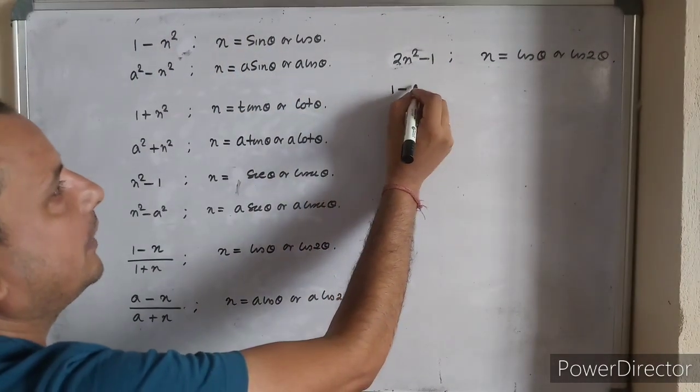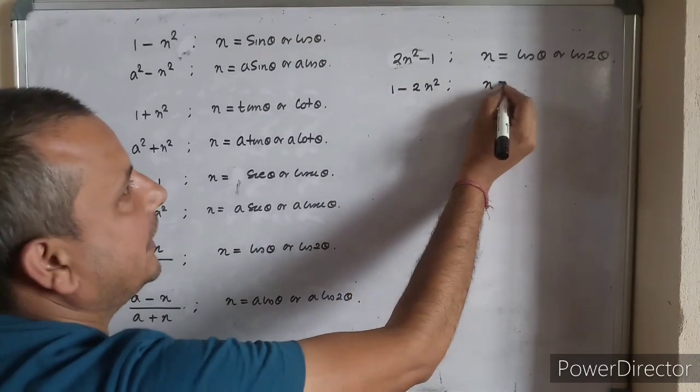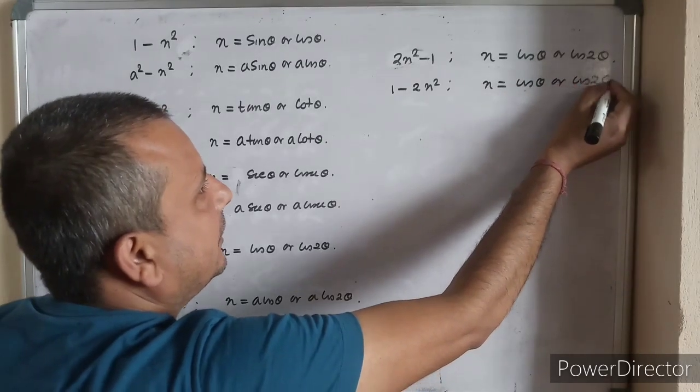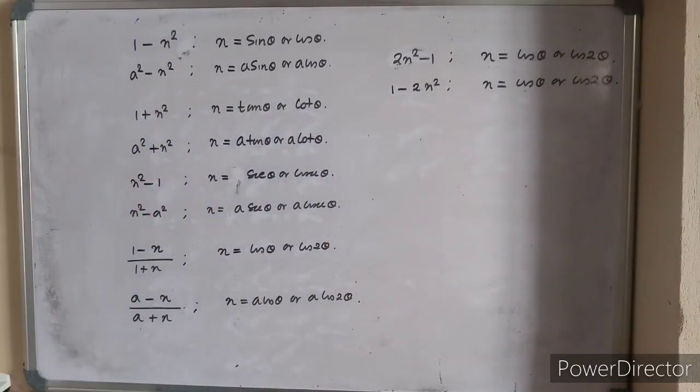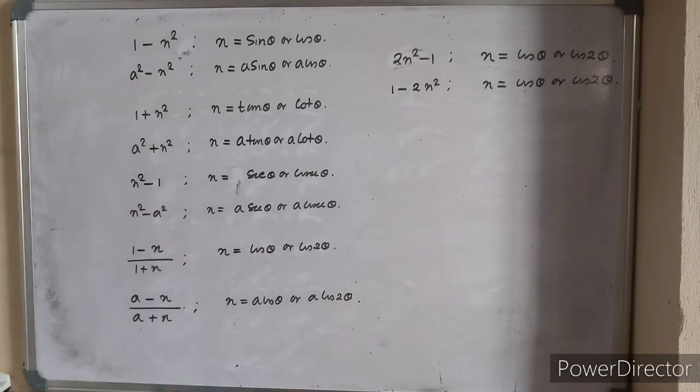The same thing for 1 minus 2x square, you have to consider x equals cos theta or cos 2 theta. These are the substitutions which are important for derivatives, and also important for the method of substitution in integral calculus. You have to remember how to select the functions. And today we'll discuss these things numerically.